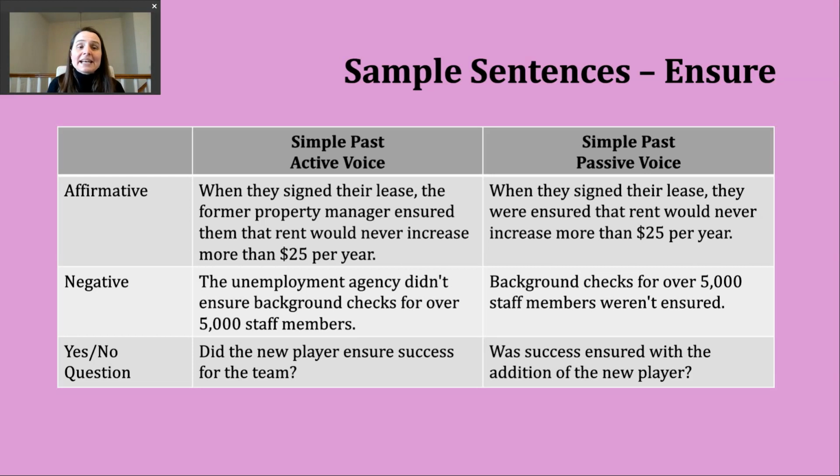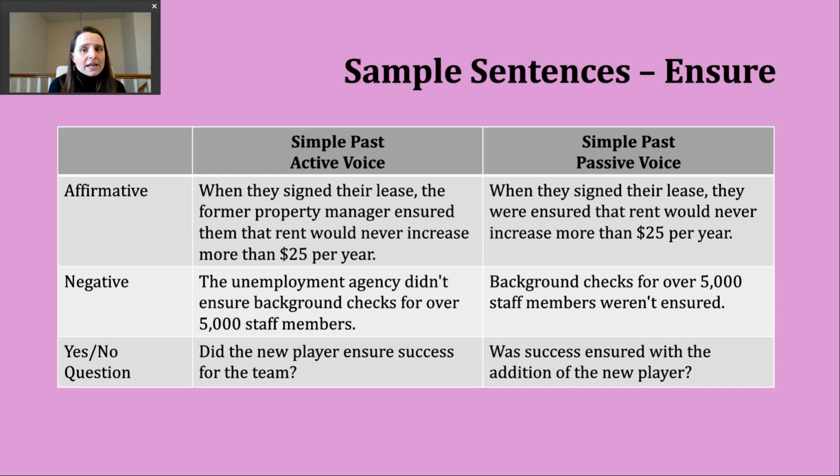Okay? Let's look at an example here. When they signed their lease, the former property manager insured them that the rent would never increase more than $25 per year. Okay, so we're trying to make certain here that they're not signing up to live in a place where the rent is going to increase a lot.